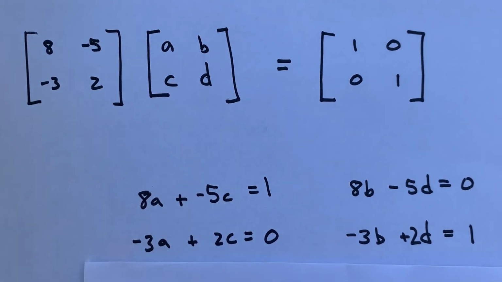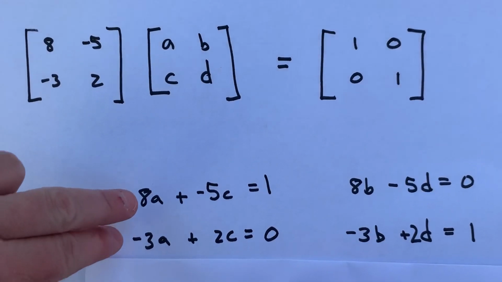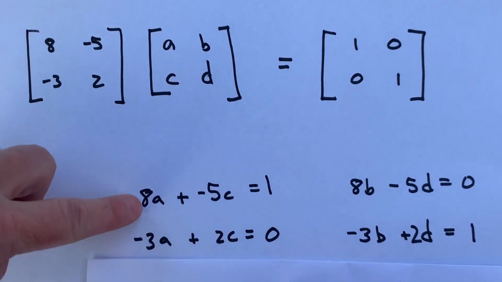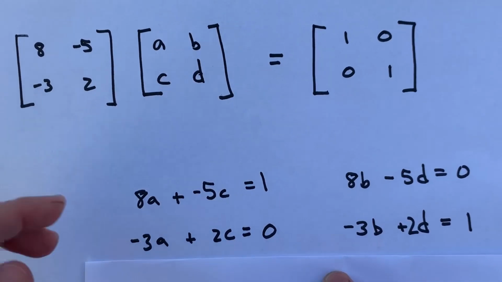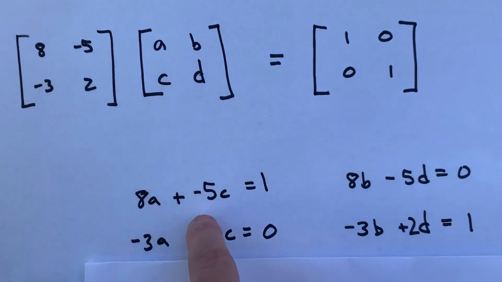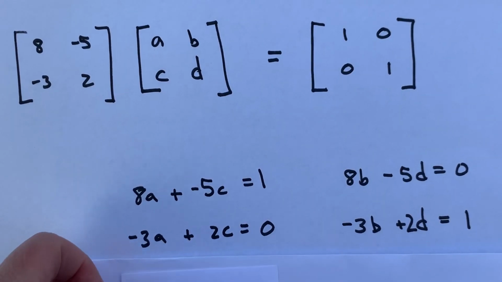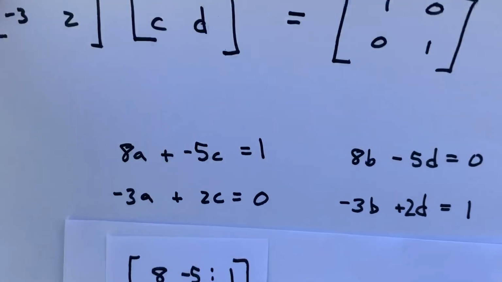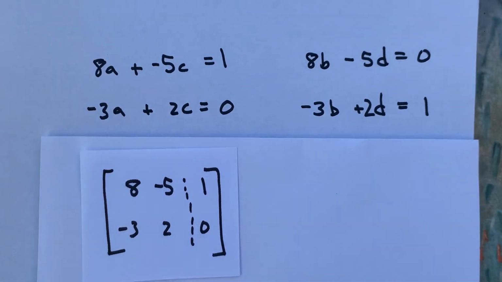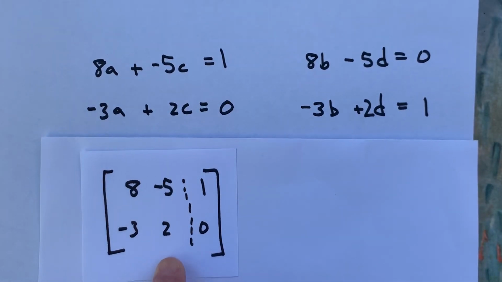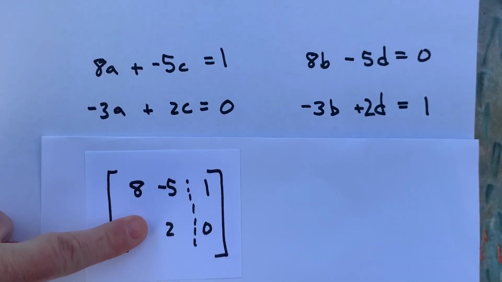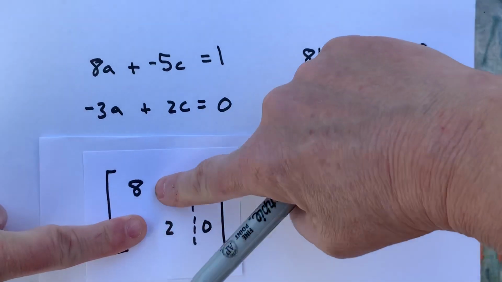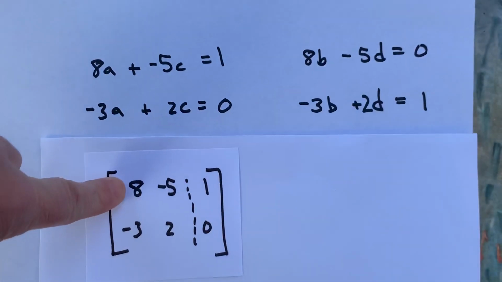Okay, well now what do I do with these? It looks like I've got two equations with 2 variables and 2 other equations with 2 variables. So I could take this and write it as an augmented matrix, and we've done that before. Then I could do my row operations to get this to be a 0, and then this to be a 0, and then that to be a 1.